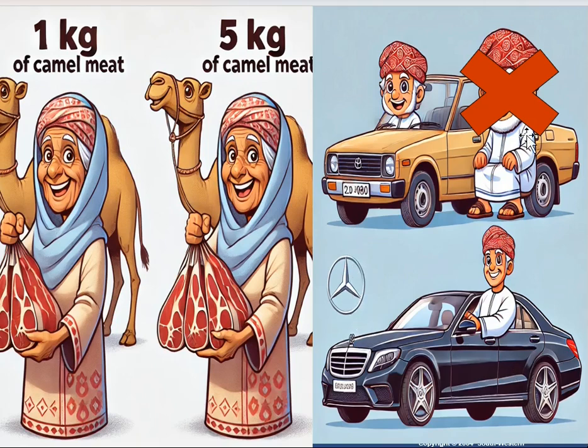In the case of an inferior good, this guy was using an old model Toyota when his income was 1000. For example, if his income increased from 1000 to 5000 Omani Riyal, now he will decrease the demand for the Toyota and he will shift and increase the demand for another brand and the latest model.